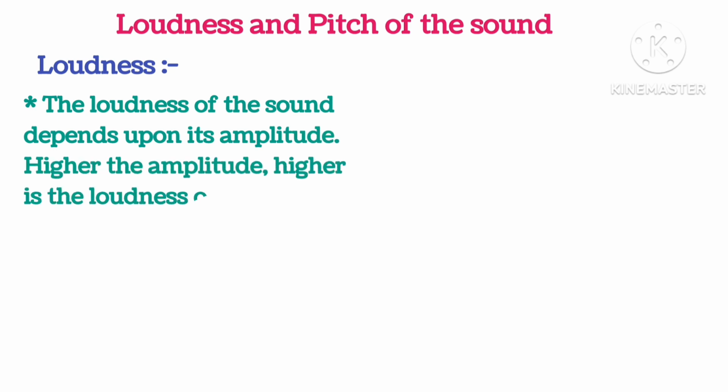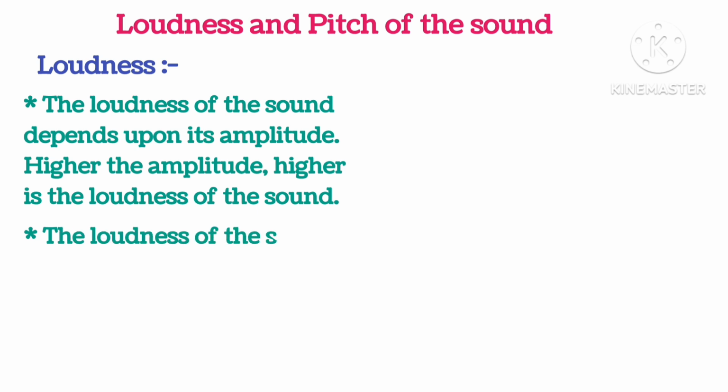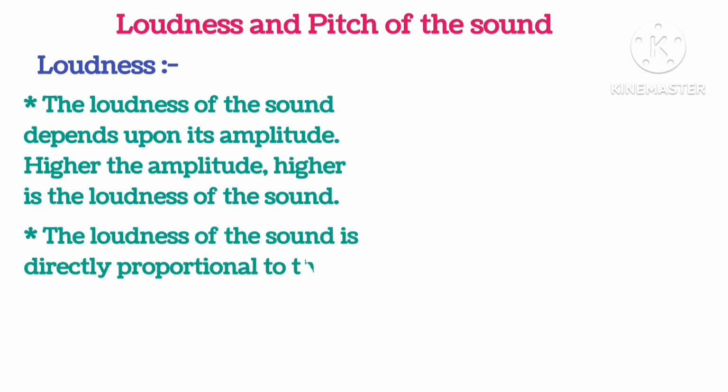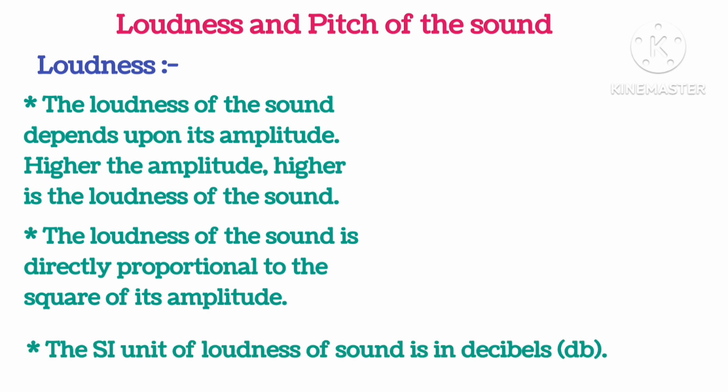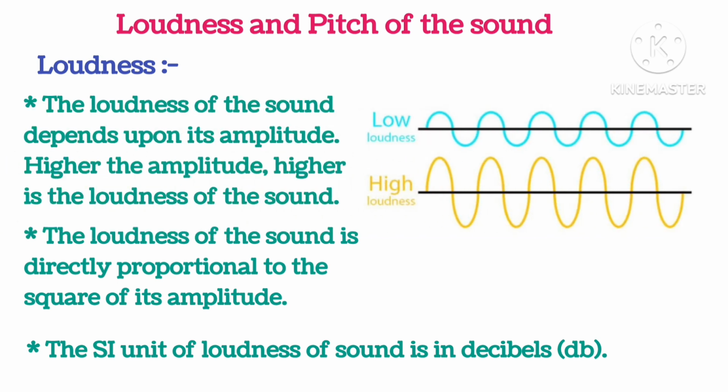Higher the amplitude, higher is the loudness of the sound. The loudness of the sound is directly proportional to the square of its amplitude. The SI unit of loudness of sound is decibels. So you can see, lesser the amplitude, less is the loudness, higher amplitude, higher loudness.